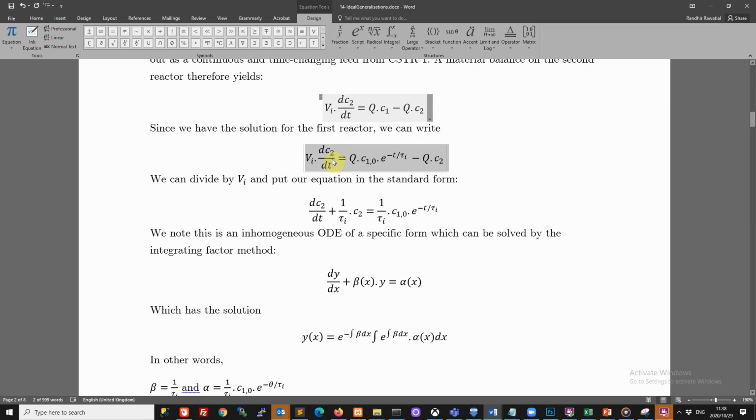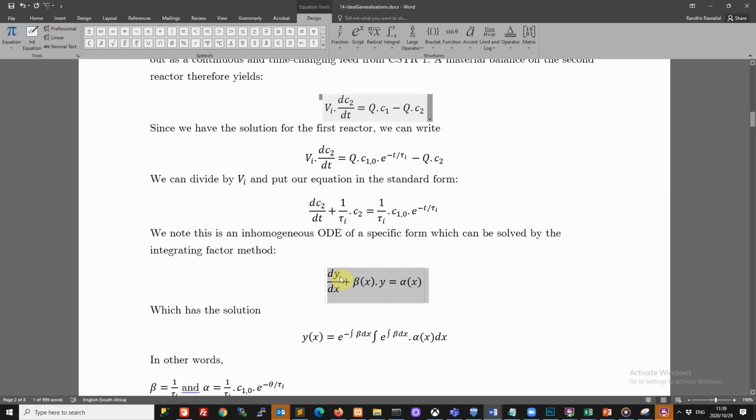So we can rewrite this as dC2/dt plus C2 over tau i. So that's this term shifted over to the left, and then this term we just retain down here after dividing by tau i. So that's the form of our equation, and now you see it's written in the same form, ready for our integrating factor method.